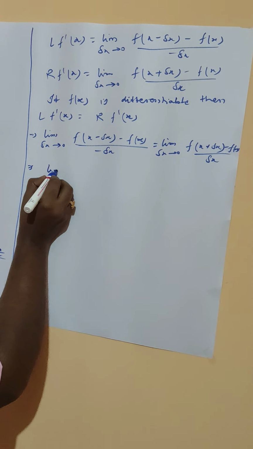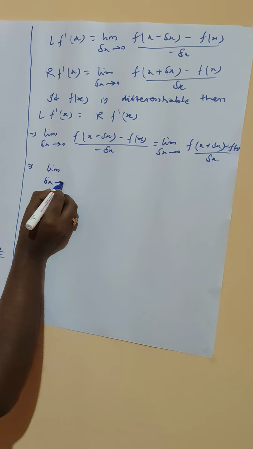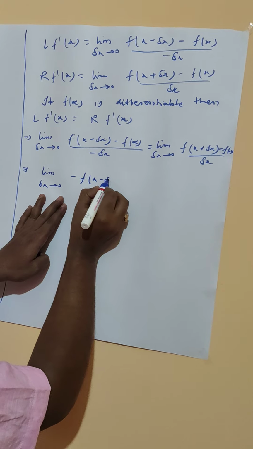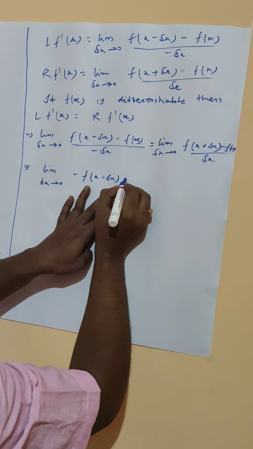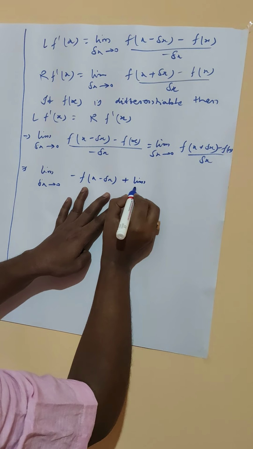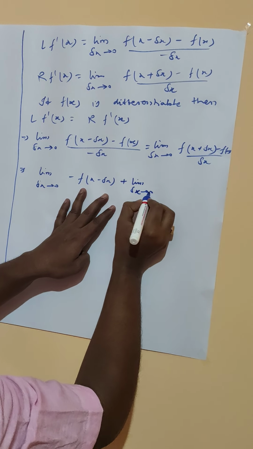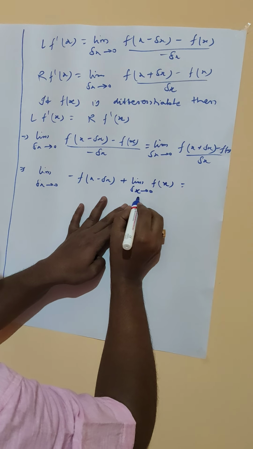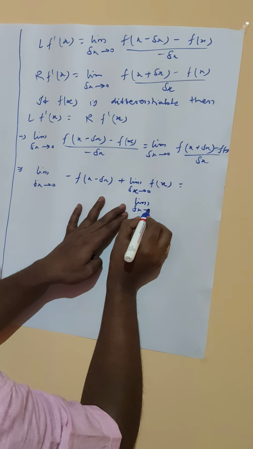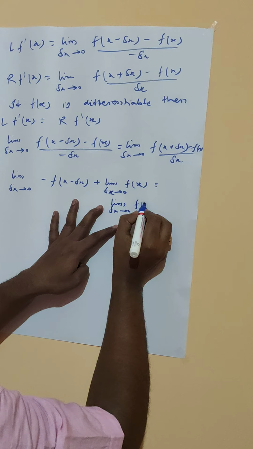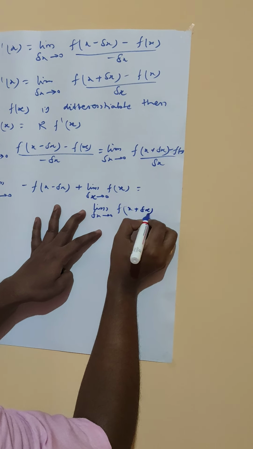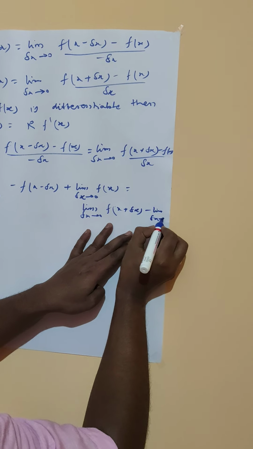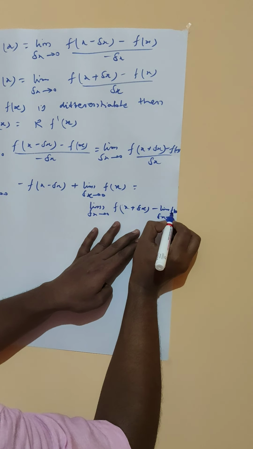We can write limit delta x tends to 0 of minus f of x minus delta x, plus limit delta x tends to 0 of f of x, and on the right side limit delta x tends to 0 of f of x plus delta x minus limit delta x tends to 0 of f of x.